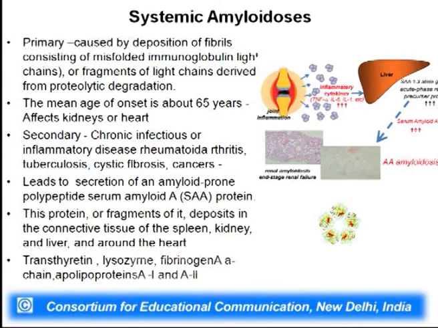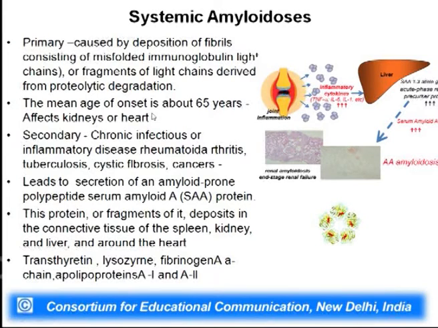If there is improper proteolytic degradation, the product of the immunoglobulins will cause aggregates to form. The onset of primary amyloidosis is around 65 years, and there is accumulation of these amyloid structures around the heart and the kidney. Many times a secondary systemic amyloidosis can also occur in patients suffering from chronic infections, diseases and cancer.